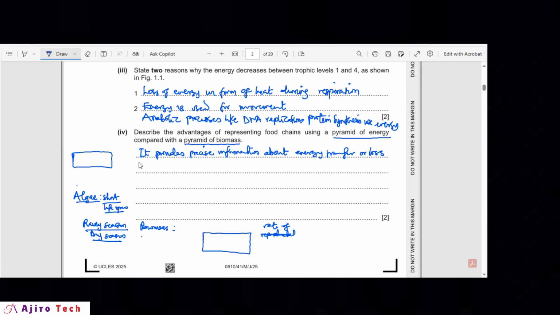So the pyramid of biomass provides information, or it accounts for the rate at which organisms reproduce, because you're able to see the size.